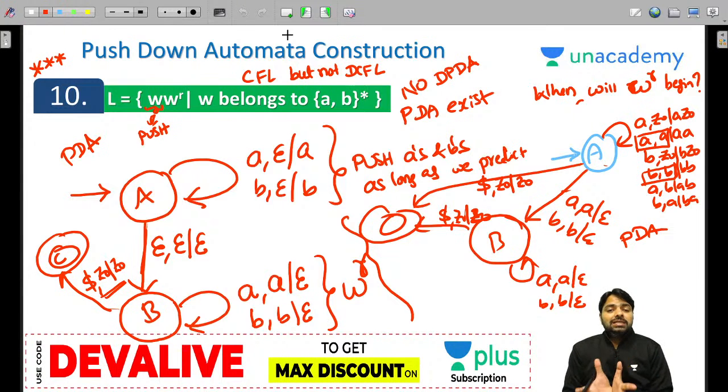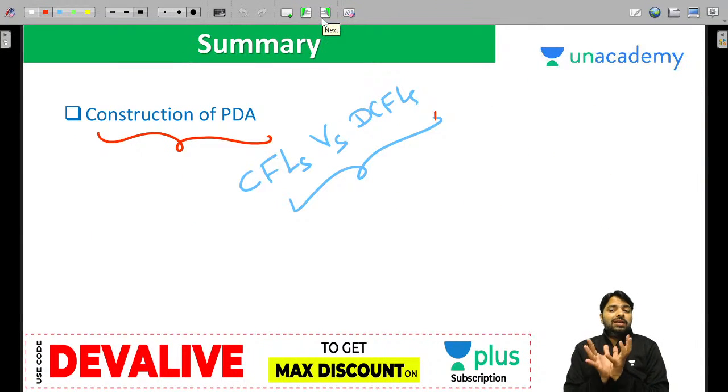These things will be given in the exam. They will give you a language, and you need to identify whether it is regular or not, DCFL or not, CFL or not, finite language or not. So for that, you should have good knowledge of the construction. In the next class, I'm going to do that.